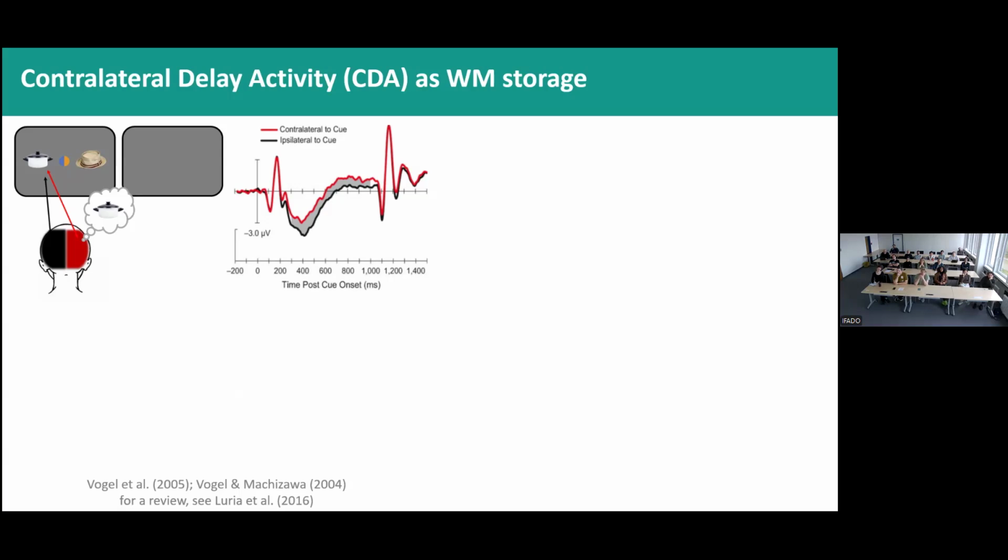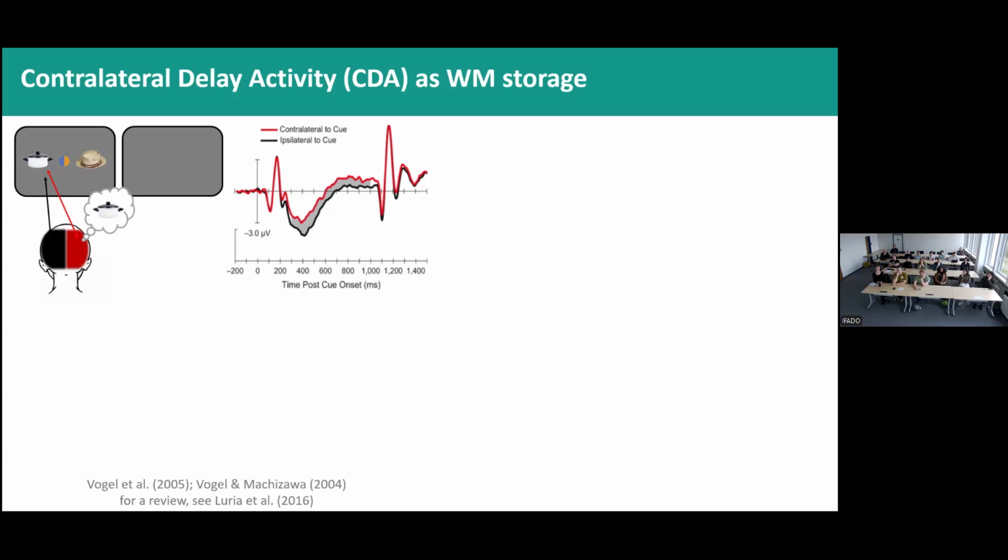Even if the hat has no task relevance, we still put it there so that any lateralization doesn't appear because of a perceptual imbalance, but rather an imbalance between the 2 hemispheres due to a working memory demand. Here, participants needed to remember the item on the left while ignoring the item on the right. And in the absence of any physical stimulus, we continue seeing this lateralization, a sustained negativity on the contralateral sides at the posterior occipital channels.